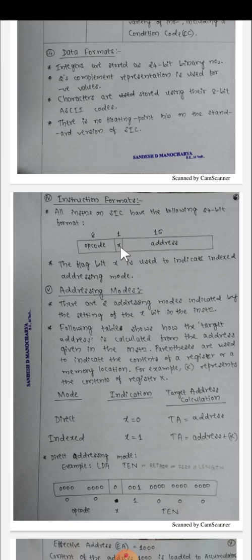If x value is 0, then indexed addressing mode is not used in our instruction. That is the main purpose of this small letter x. So the first 8 bits are for the opcode, the next 1 bit indicates whether indexed addressing mode is used in our instruction or not, and the next 15 bits are used to store the address. In the next class we will see how to find the address.